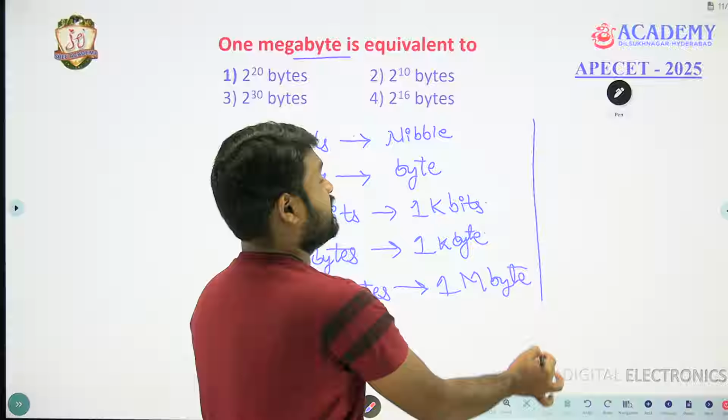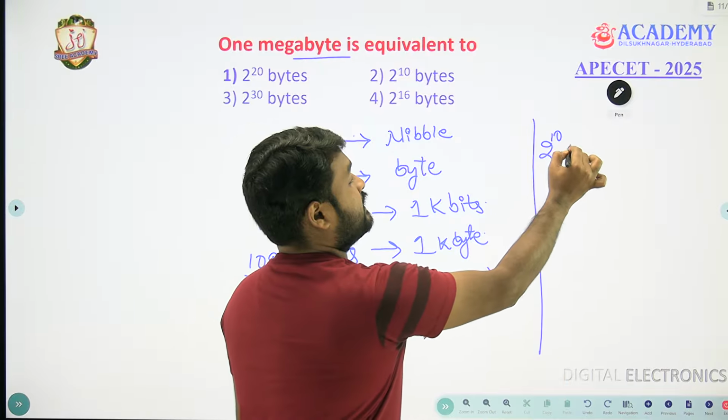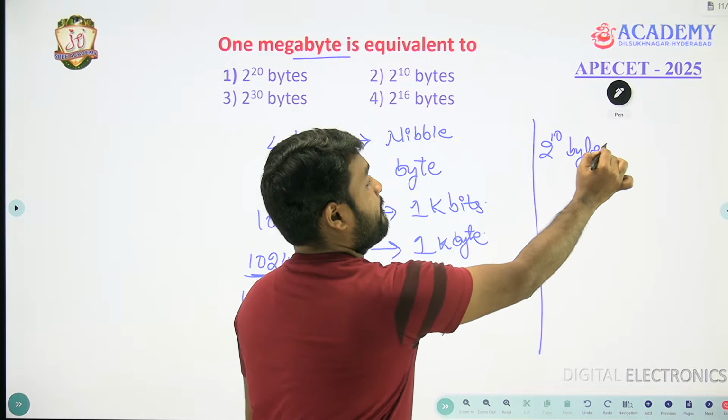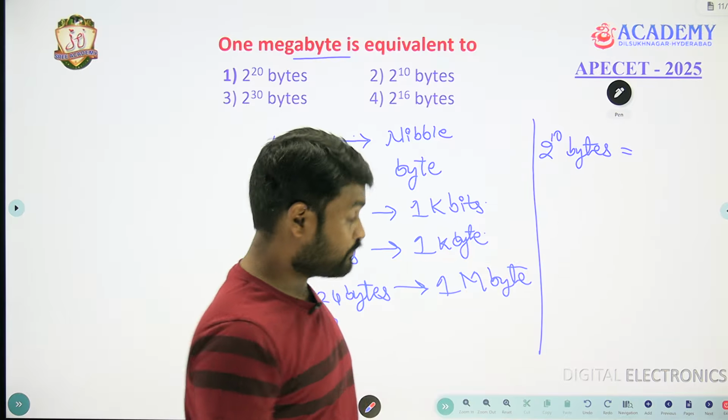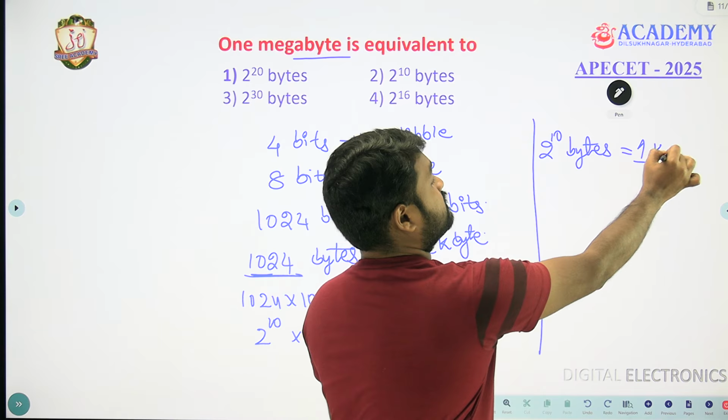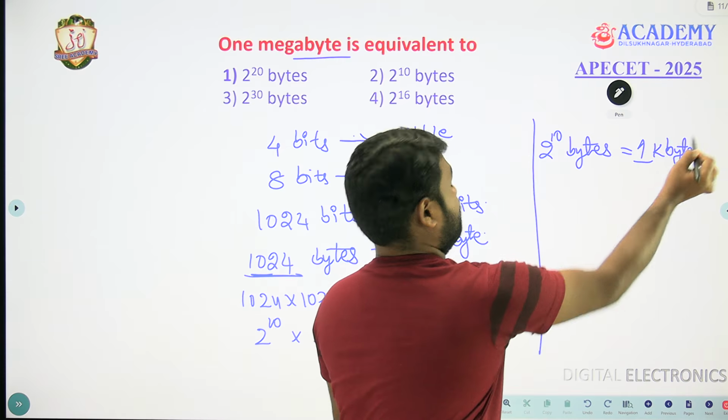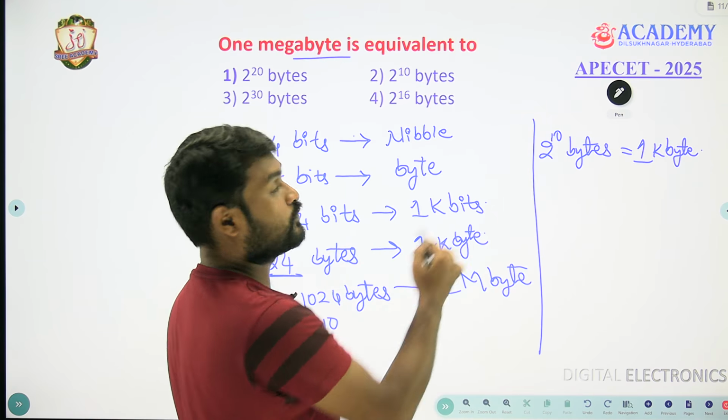So 2 to the power 10 bytes is 1 kilobyte, that's what I told here, 1024.